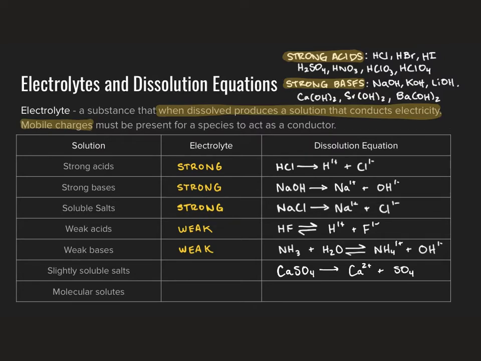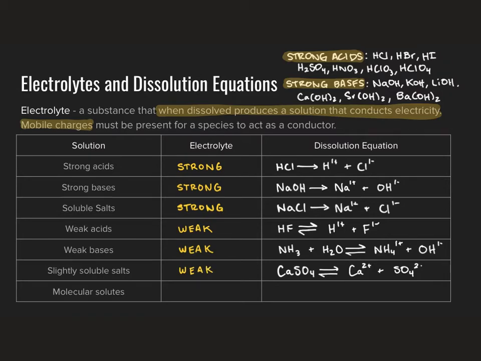But again, those ions have a strong affinity to attracting one another, and as they do so, they precipitate from solution as solid calcium sulfate, which would again mean there's going to be ions in solution, just not nearly as many as there would be if that salt were more soluble. And as such, slightly soluble salts are also weak electrolytes.